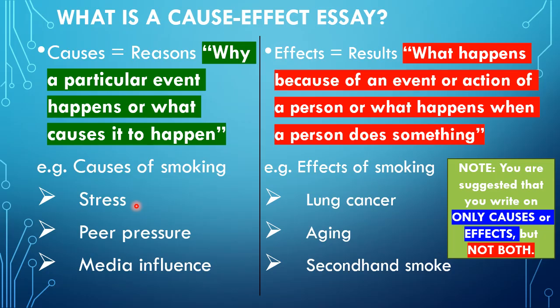This is something that you have to keep in mind. You either focus on the causes or you talk about the effects of your topic, but you cannot talk about both in the same essay.